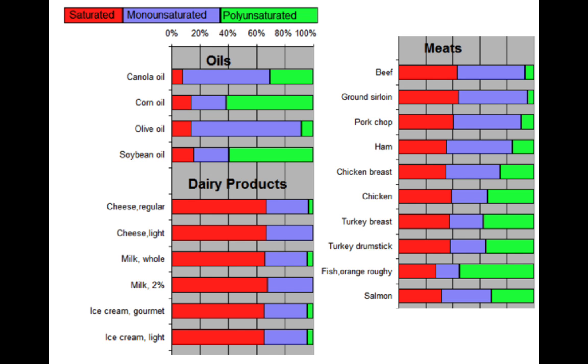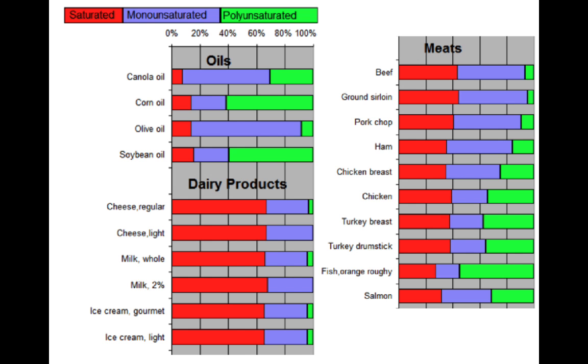So where do we get our fats from? Well, they come from a variety of different areas. Oils are lipids that tend to be liquid at room temperature, while fats tend to be solid at room temperature.